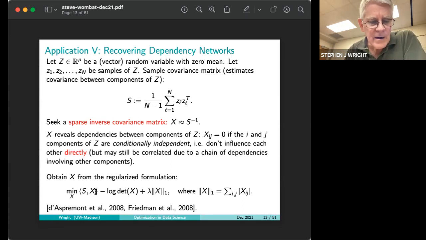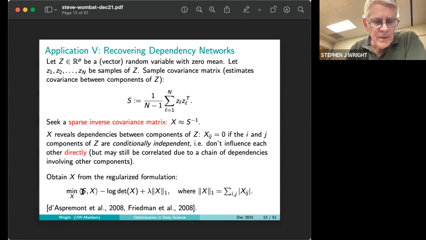So you can write it down as this sort of regularized optimization problem, where you've got this term added on here, which enforces sparsity in X. Now, if I left this term off, and just minimize these first two terms with respect to X, I would get exactly that X is equal to S inverse, okay?